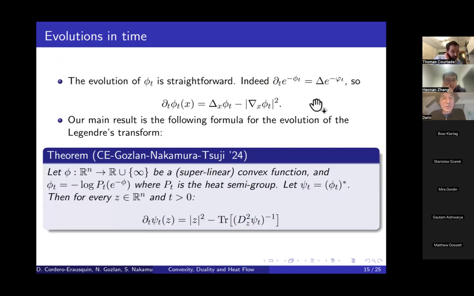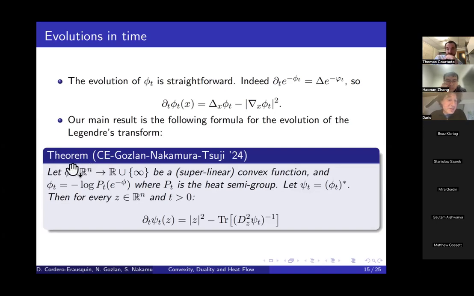This is just a direct computation. And somehow our main result is just to find a formula for the evolution of the Legendre transform of phi_t. So here, it's not really a theorem, but I have only one environment in my beamer, which is theorem, but this is really a fact or a lemma.